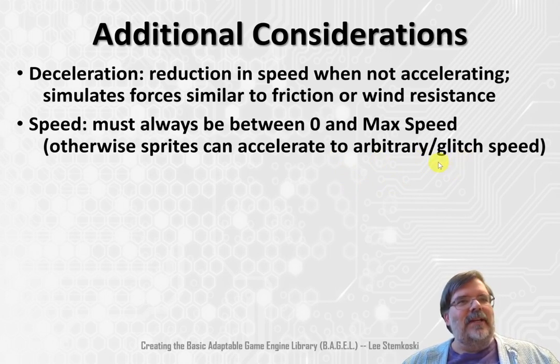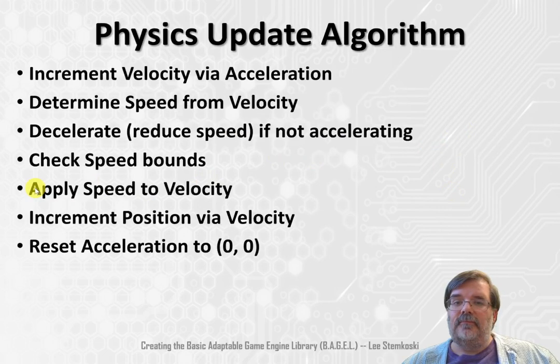If you accelerate quickly enough, then in a single frame, in a single 60th of a second, you might be moving fast enough to pass through solid objects, or pass across the entire screen in just a moment. And we typically don't want that to happen. So we will set and enforce some kind of a maximum speed.